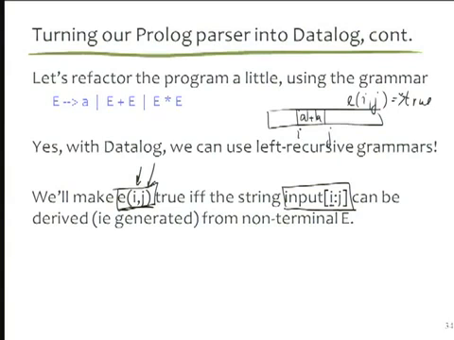So now we are representing the input by saying, if this is I, this is J, anywhere in the input, if I can derive this segment here from E, then Eij is true.